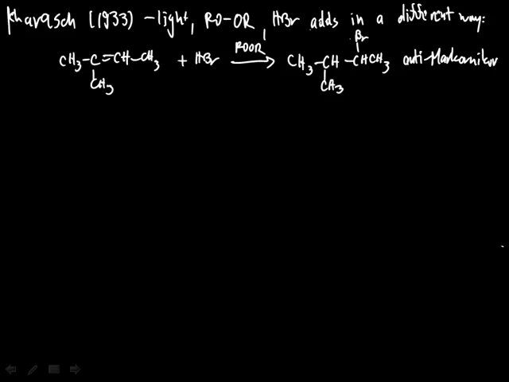How does this work? Clearly the explanation for this should again be looked for in the mechanism, and we might assume that the mechanism is not going to be different from the one that we've seen already when we got the Markovnikov product. The real clue comes from the use of light or peroxides, which should strongly suggest to you a radical mechanism.